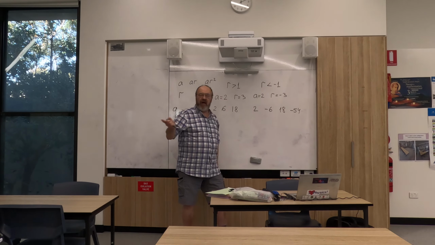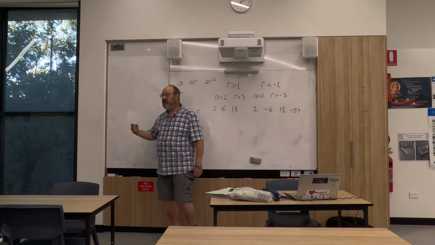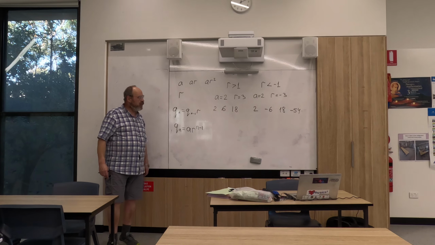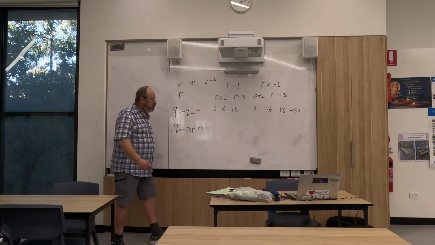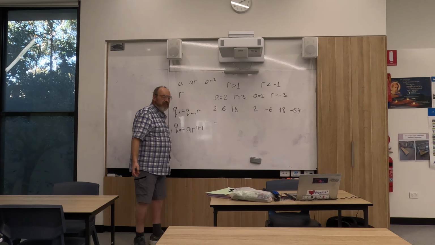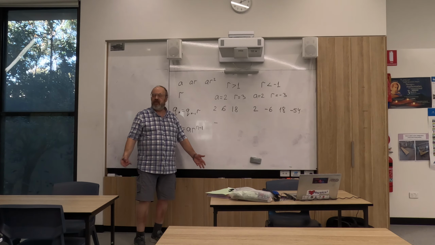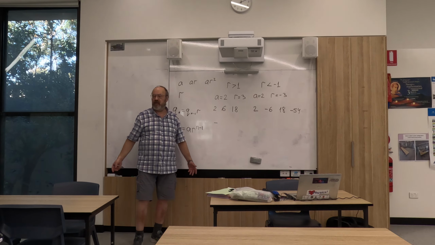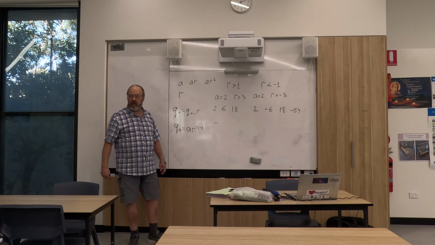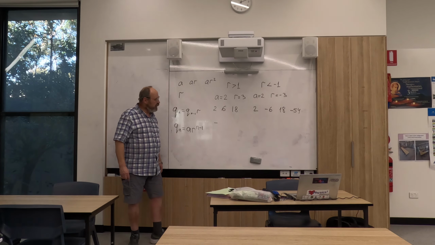So it will be alternating positive, negative terms, but the magnitude will be again increasing. If the common ratio is 1, nothing changes, we always have the same term to multiply by 1.